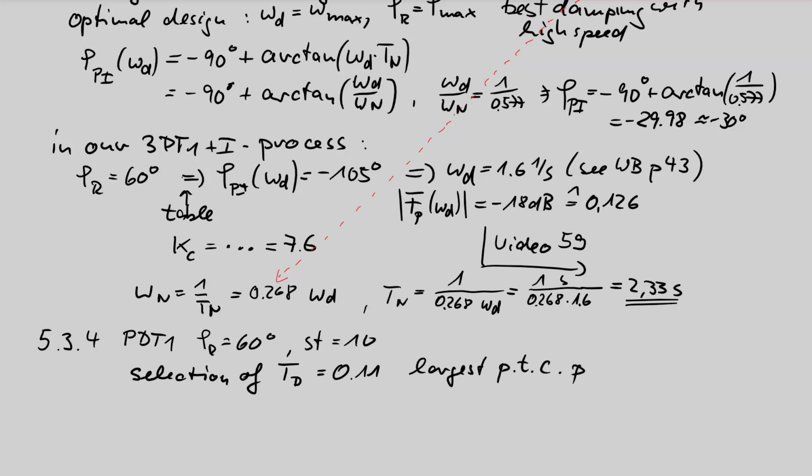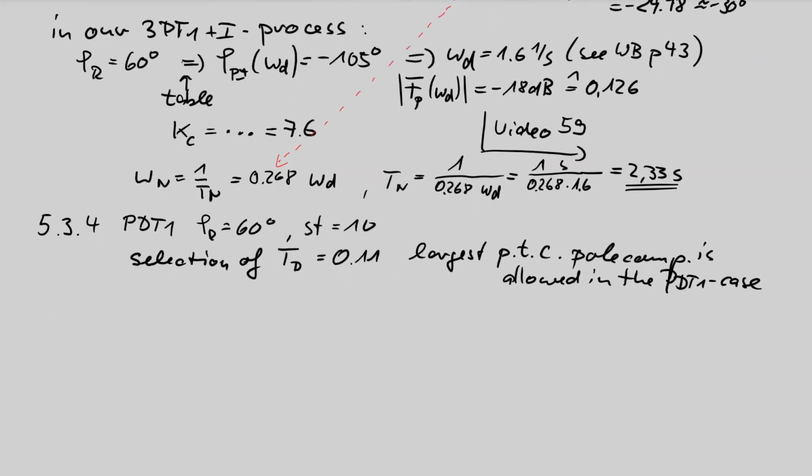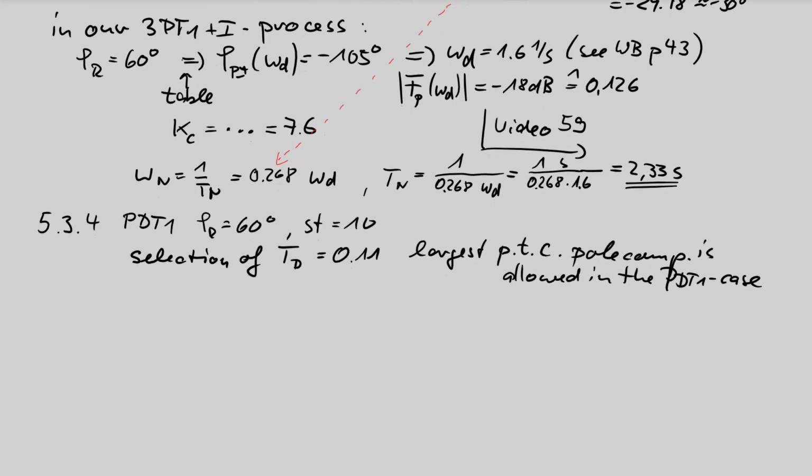Pole compensation is allowed in the PDT1 case. No problem. And we get the following result. So what we have to do is add the controller phase, which can be calculated.